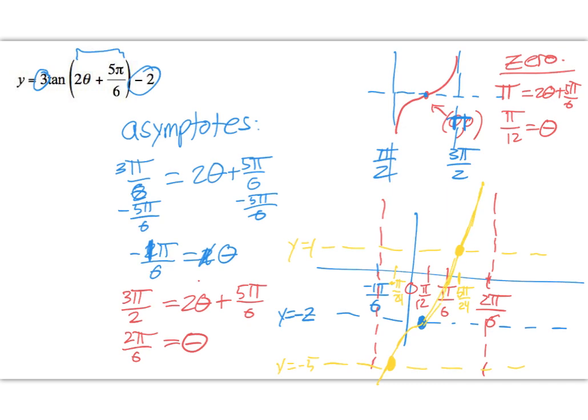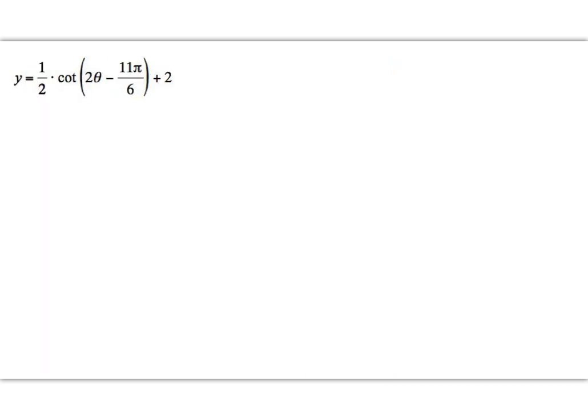I'm going to ask for one tangent or cotangent curve, and just kind of thinking about things as they go. All right, looking at cotangent, the first thing to do is understand what cotangent looks like. So I'm going to take a moment to just think about my unit circle. Cotangent is the reciprocal of tangent, so that's going to be x over y.